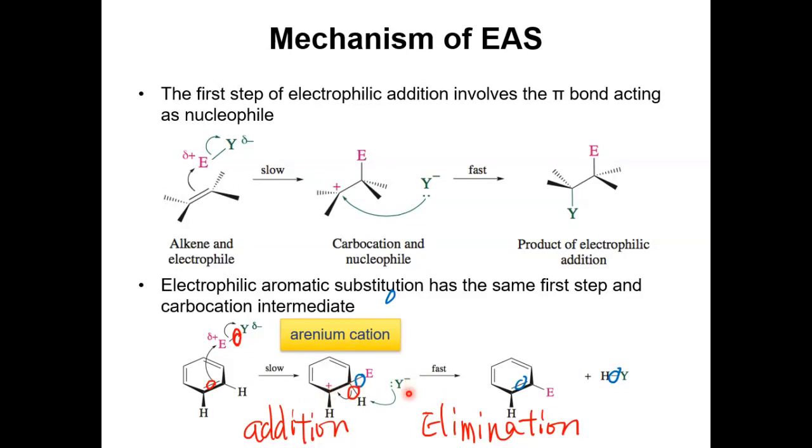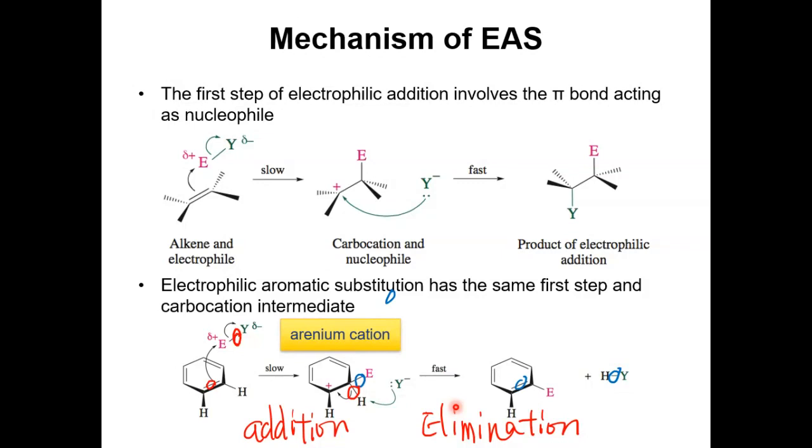This is a beta carbon. The base is taking a beta proton away, so it is a beta elimination step. Benzene will always try to retain its aromaticity, so it's not going to do a pure addition reaction.